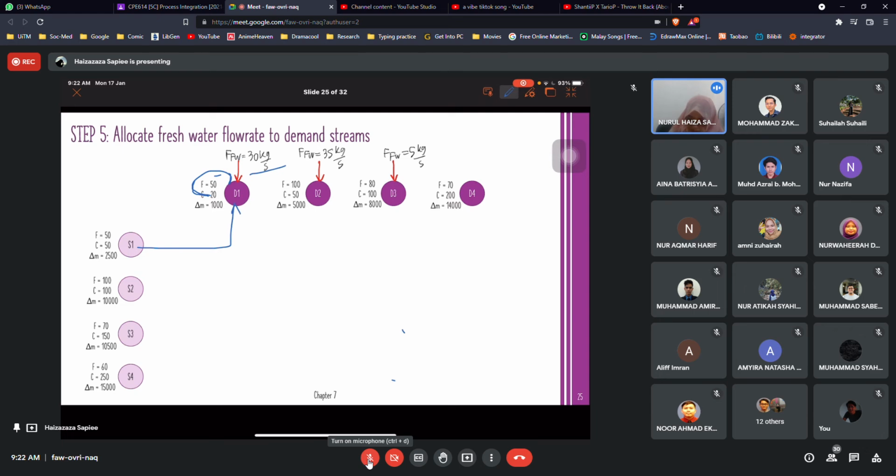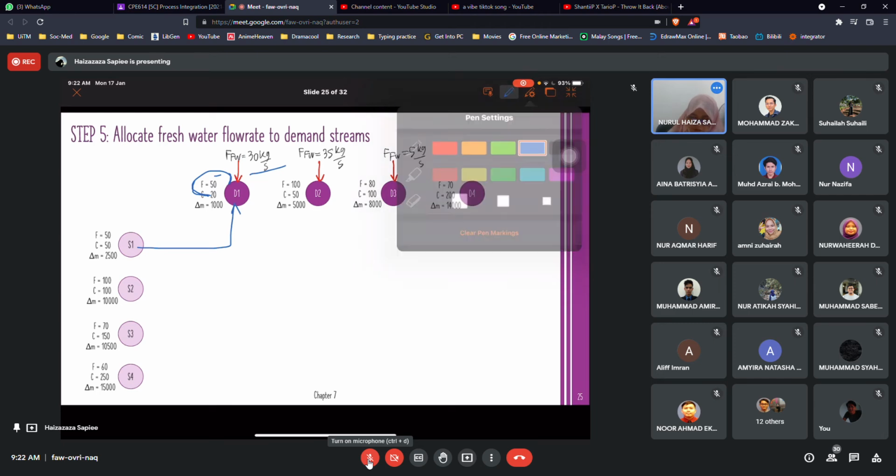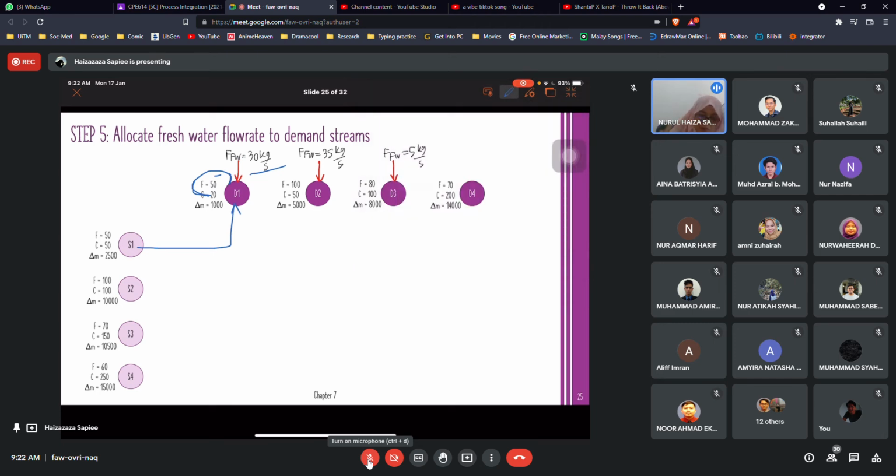So basically we can get it from our first source. Remember we need another 20 kilogram per second of water. So we need 20 more.